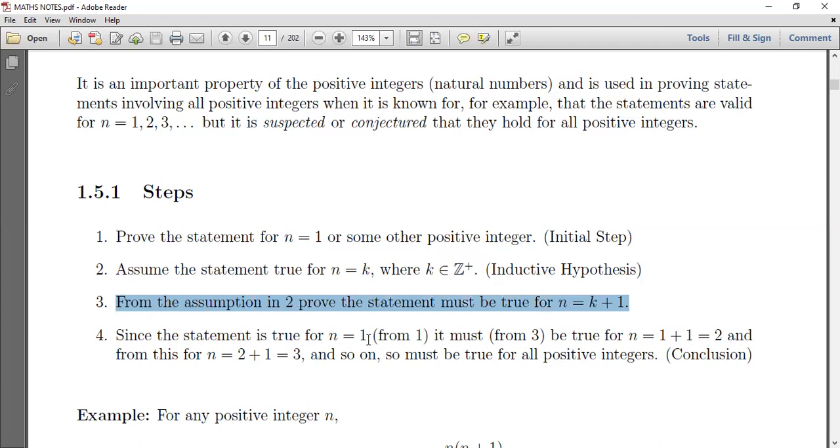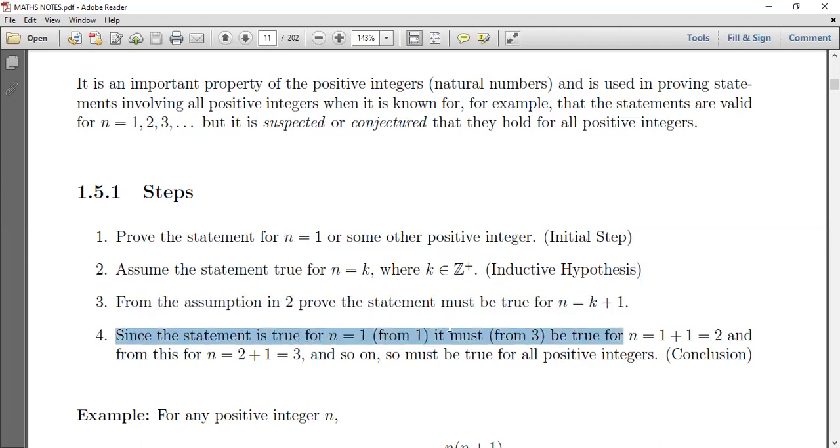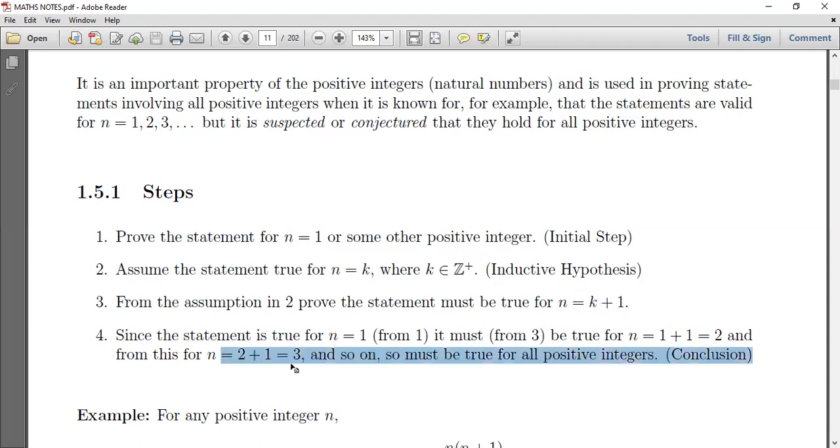So if it's true for n equal to 1, it should be true for n equal to 2, n equal to 3, n equal to 4, and so on. Why? Because 1 plus 1 is equal to 2. So if we have shown that it is true for k plus 1, and if it's true for n equal to 1, then it is true for n equal to 2, n equal to 3, and so on.